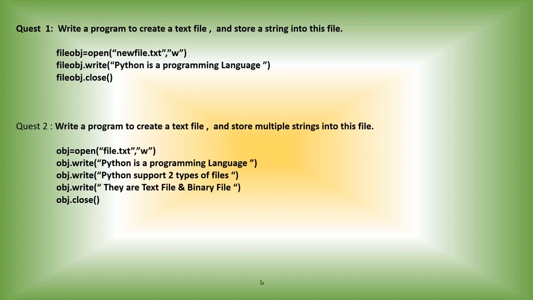Write this down as notes: if you open a file in W mode, the existing file content will be erased and the file will be opened as a new file. Okay.